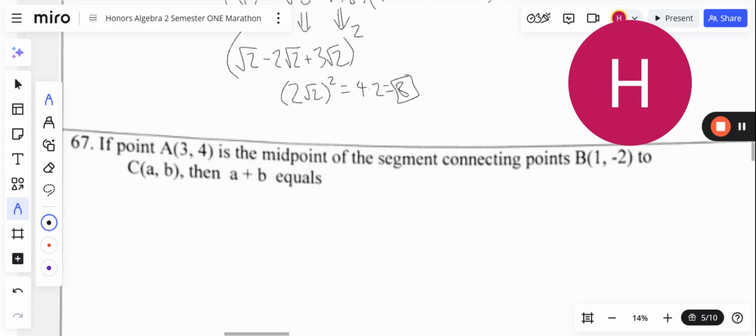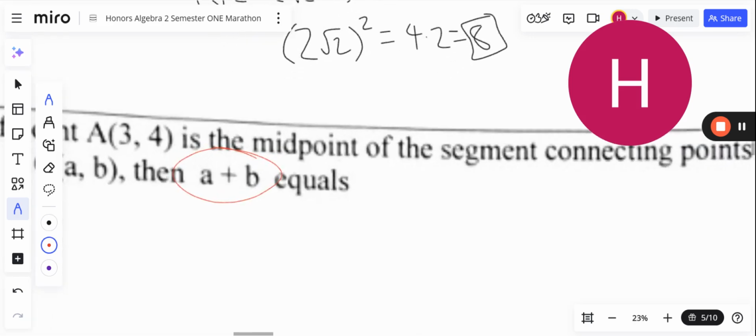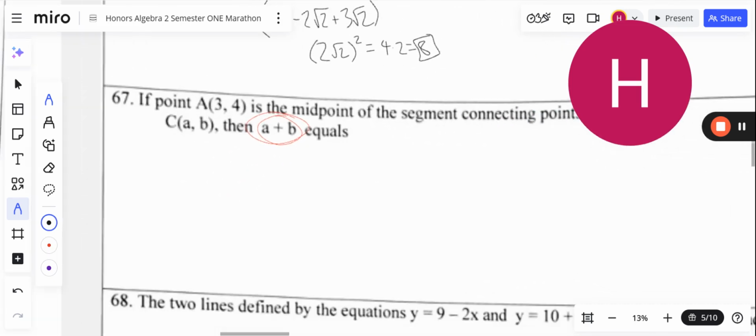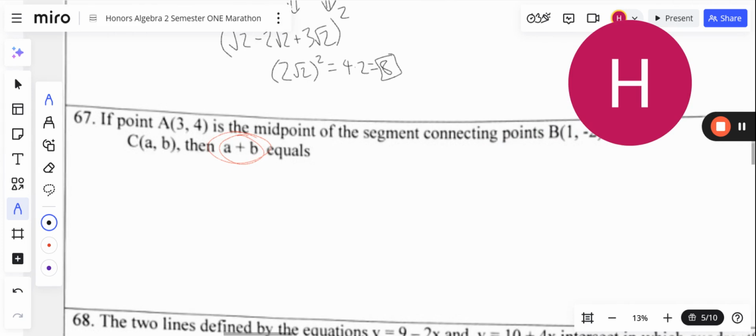If point A, which is at 3, 4, is the midpoint of the segment connecting point B, 1, negative 2, to point C, which is at A, comma B, then what is A plus B? Okay, so we need to find what A and B are, so that we can add these together. 3, 4 is the midpoint.